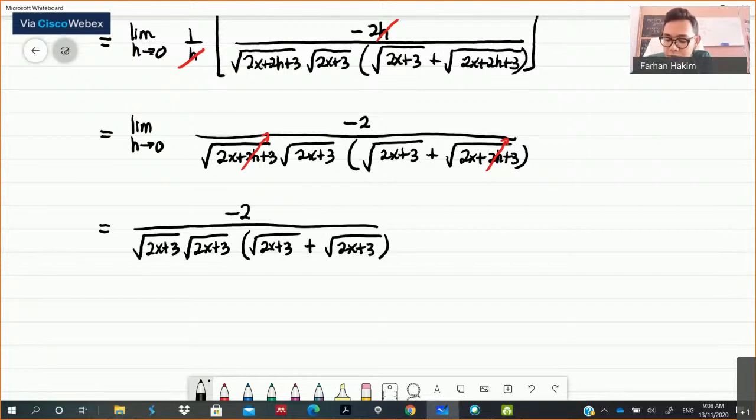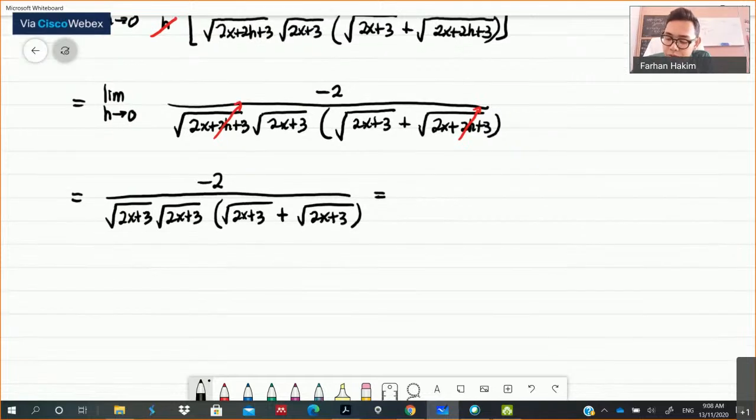Using BODMAS, we solve the bracket first. So negative 2 over, that becomes square root of 2x plus 3 squared because we multiply these together, and the bracket gives us 2 square root of 2x plus 3.